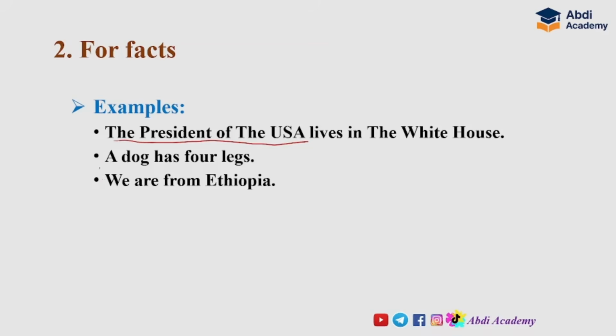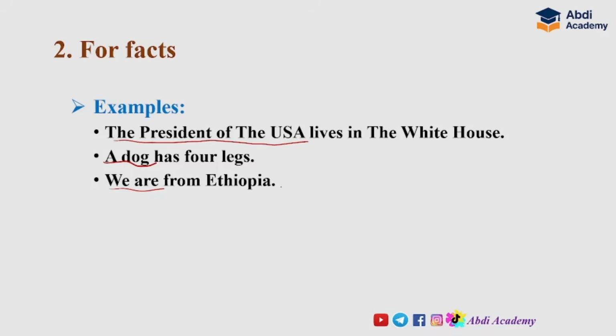Or a dog has 4 legs. This is also a fact. The third example. We are from Ethiopia. Where are you from? I'm from Ethiopia. This is a fact. So you need to use present simple tense.